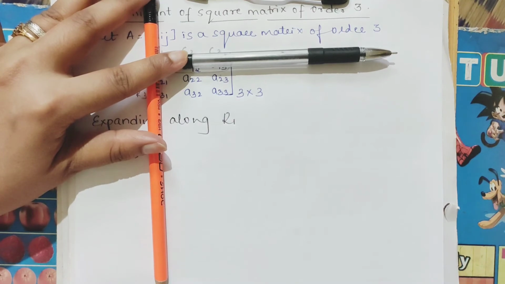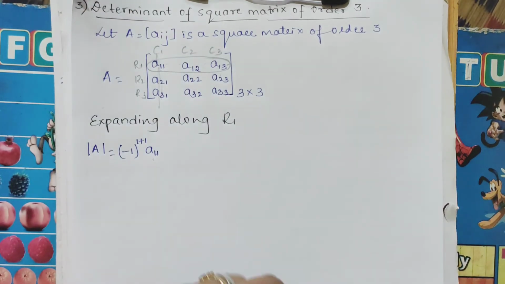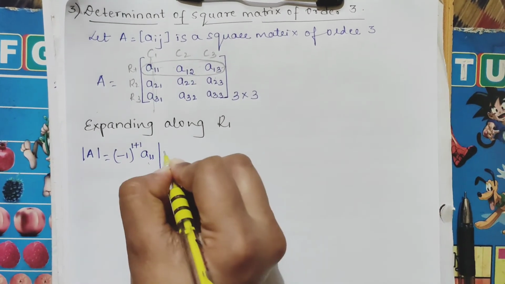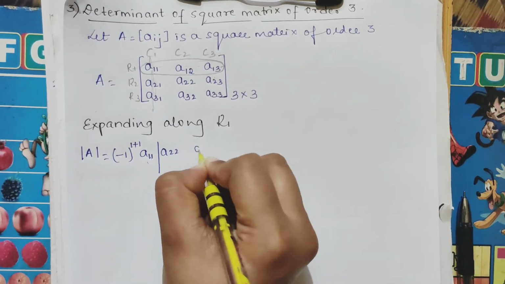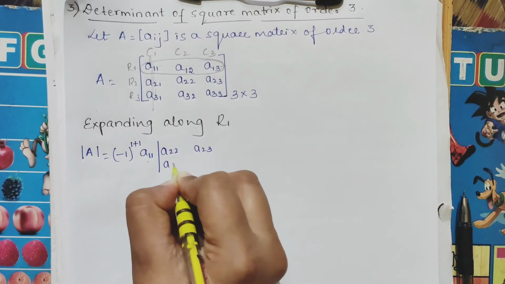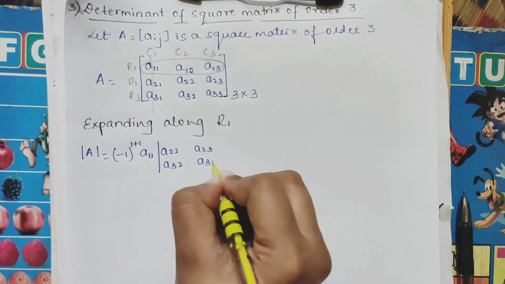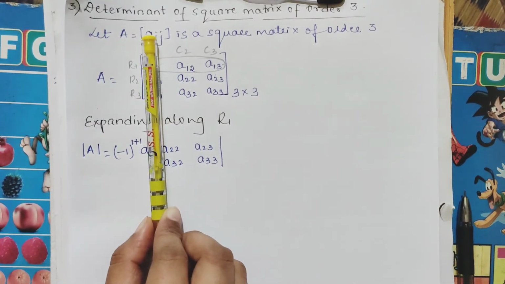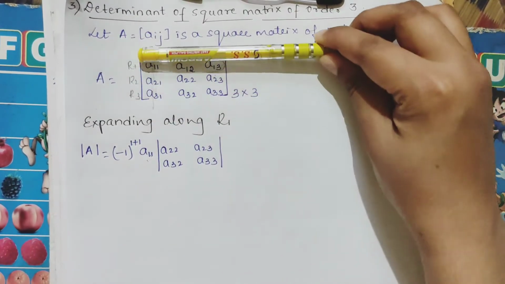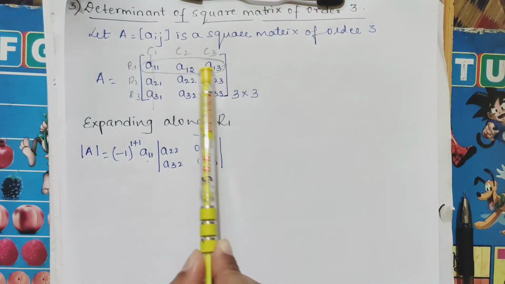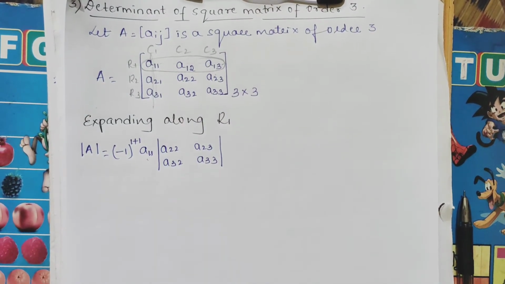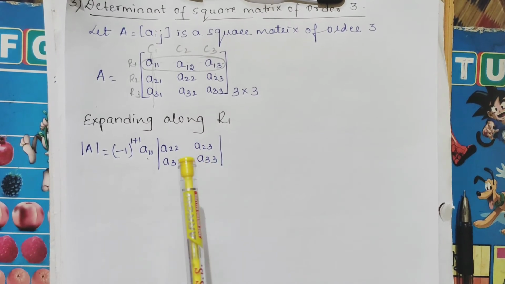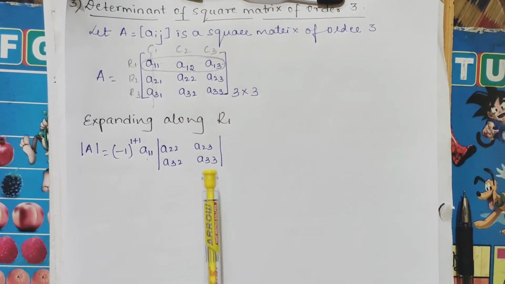So this becomes the determinant; what is left you write in determinant form: A22, A23, A32, A33. Understood how you have to do it? You delete that particular row and column, and write the leftover elements in determinant form. Why are we reducing it? Because at the end we know how to find it for order 2.